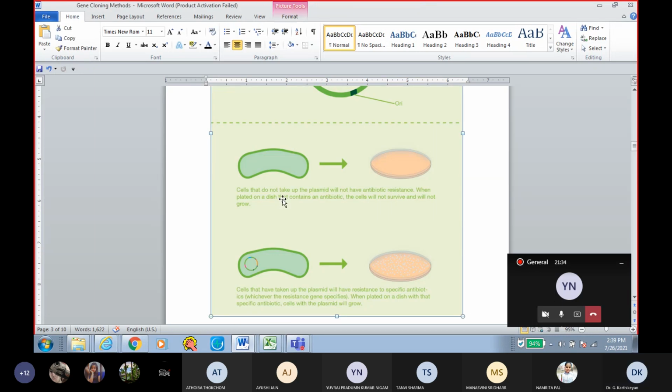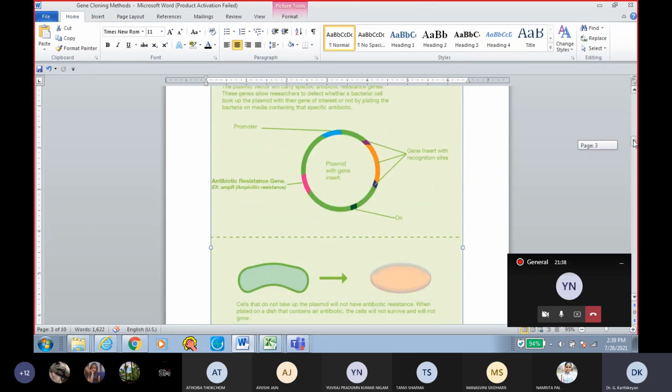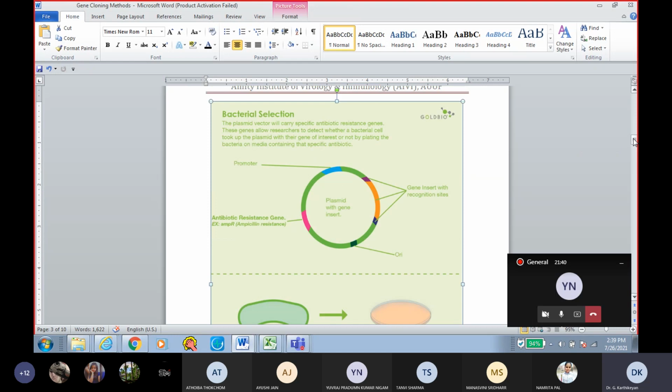Okay, so this just shows what typically happens. When you do bacterial selection, it would definitely have an antibiotic resistance. You will be introducing this into a bacterium which, to begin with, is sensitive to ampicillin.